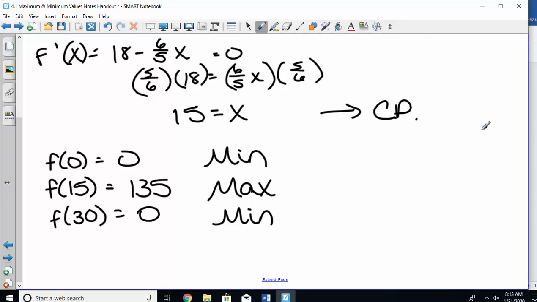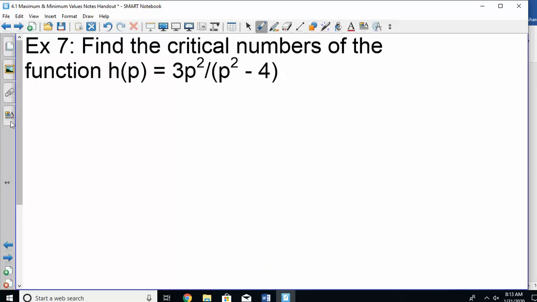So if they're polynomials, it's not too bad to find. Like example 10 is just another polynomial, so it's going to be very straightforward like that. Let's look at example 7, when it's a fraction instead of a polynomial.